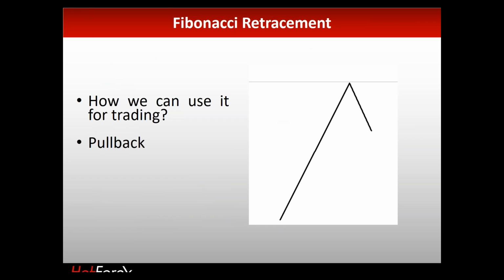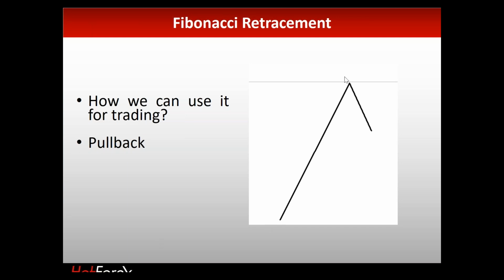Okay, the first part of the Fibonacci ratio is the Fibonacci retracement. How we want to use a Fibonacci retracement is very important. In an uptrend, when buying, we want to know where we can enter the buy based on the pullback.